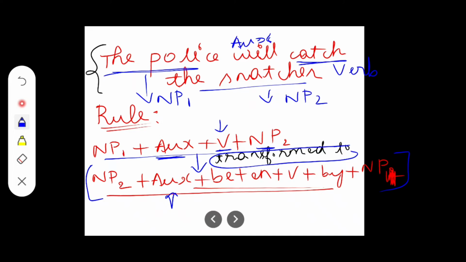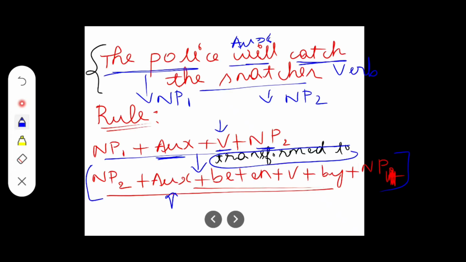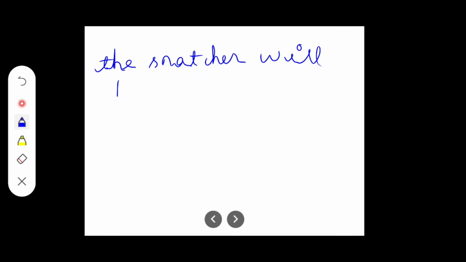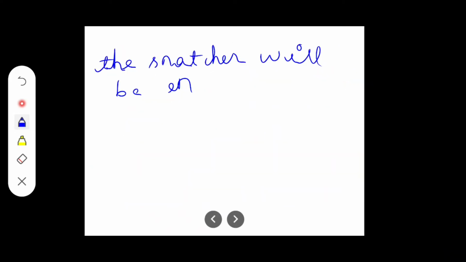Auxiliary verb. So what's the auxiliary verb here? It's will. So the snatcher will. Now be plus en. How to write it, as it is only. Be plus en. I have taken the same thing. And verb. What is the verb in the sentence? The police will catch the snatcher. The verb is catch.